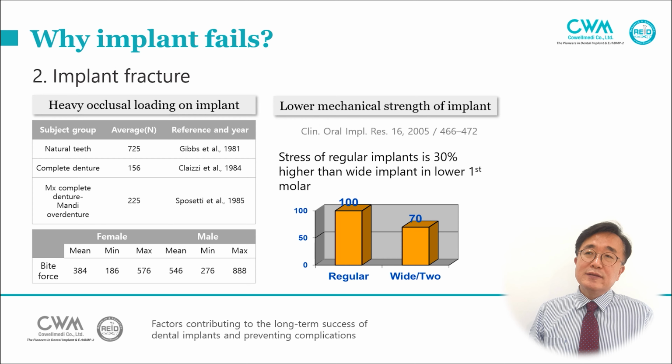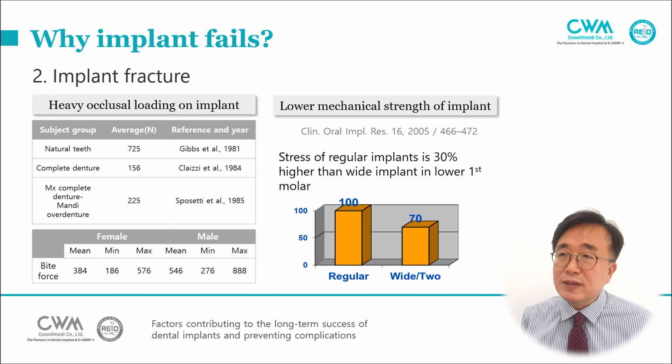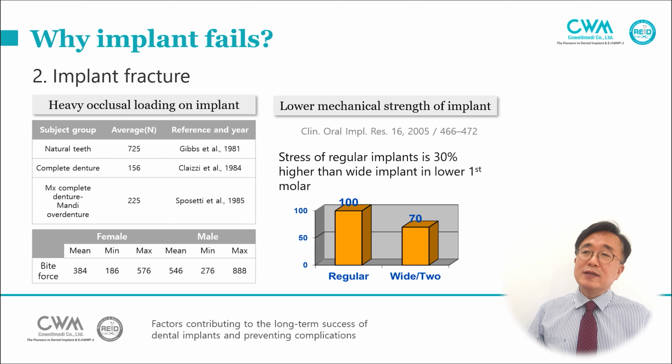occlusal force is higher in the natural tooth, and females and males differ in occlusal force. Males have higher force than women: men have 500 Newton force, but females have 340 Newton force.